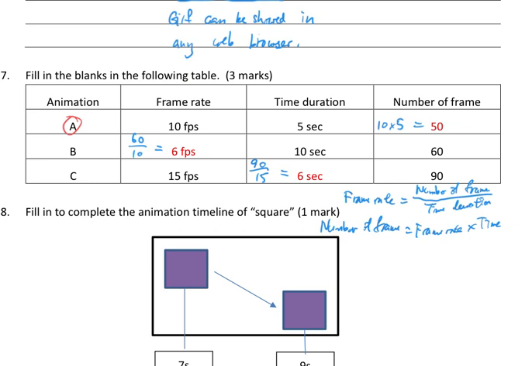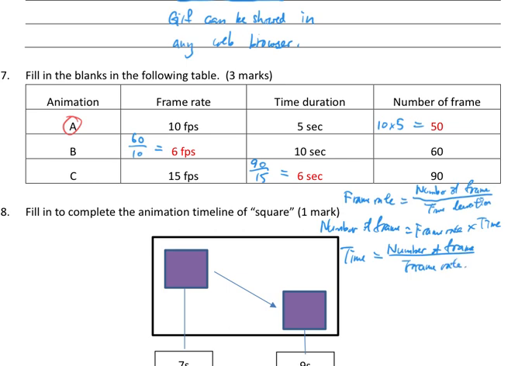And if you want to find the time, you can use the formula number of frames divided by frame rate.